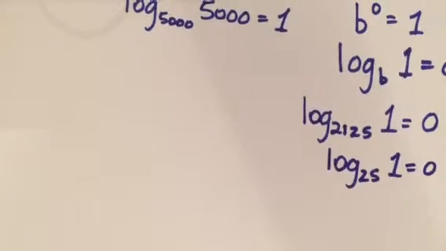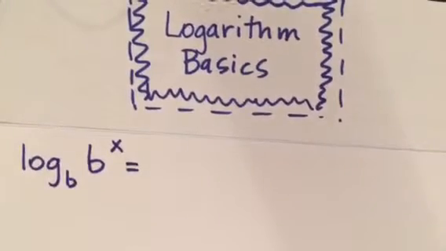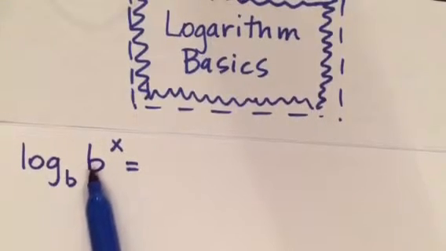Okay. We also have some other basic properties, and these properties are similar in that they rely on that inverse operation that we were discussing earlier. An example of these properties would be something like this. We'll look at them in both forms. So back to the logarithm basics. We have log base b of b to the x power. And we want to know what that is equal to. And notice that we have a logarithm with the base of b, and we also have an exponential expression with the base of b.